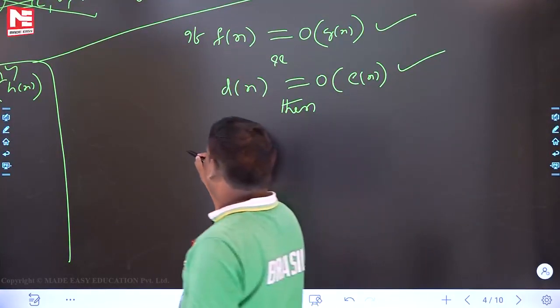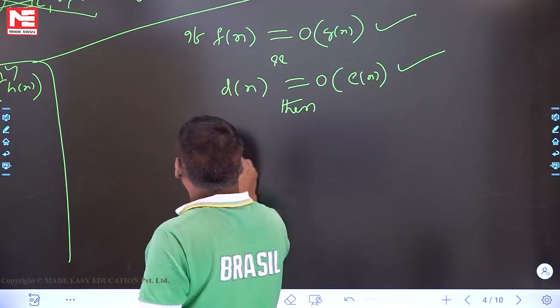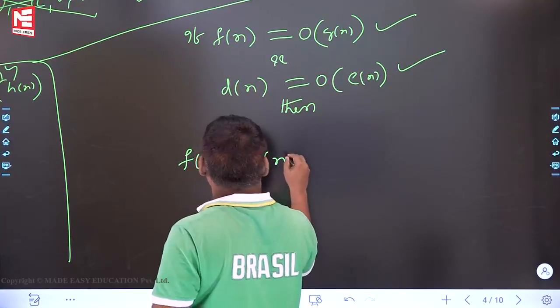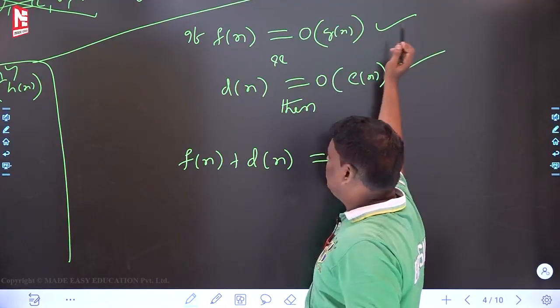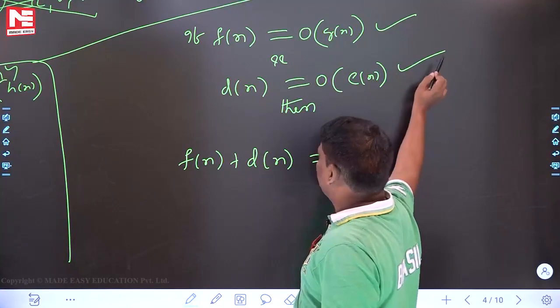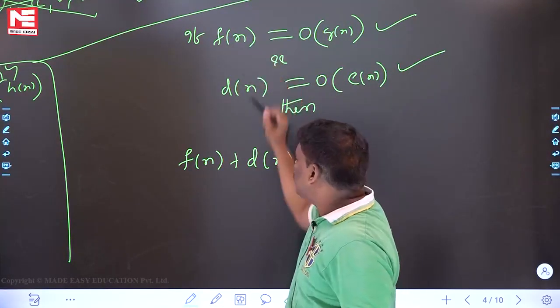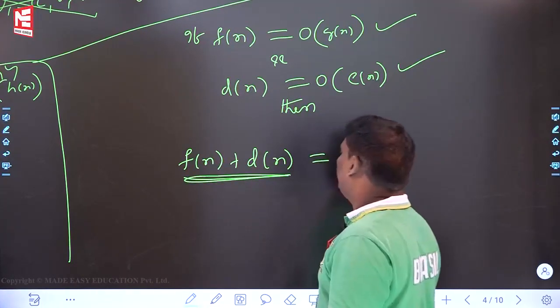Can you help me now? For f and d combined, what will be the upper bound? For f, upper bound is g. For d, upper bound is e. That's okay, but for these two combined, what is the upper bound?